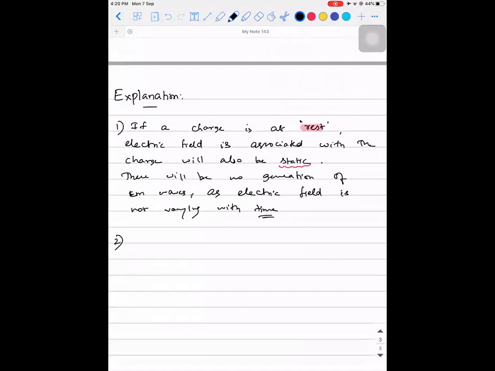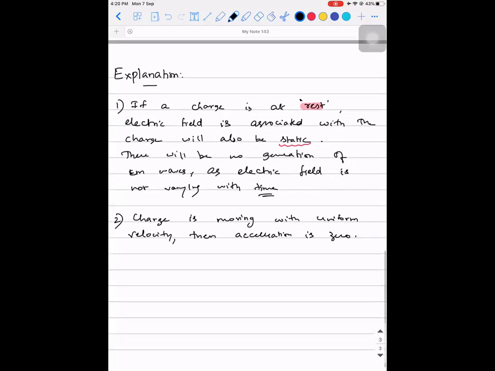So the second option is, since we have tried what will happen with respect to charge at rest, now we will see what will happen when charge is moving with uniform velocity. So when the charge is moving with uniform velocity, then as you told, acceleration will be 0. Okay. So what will happen in this case?